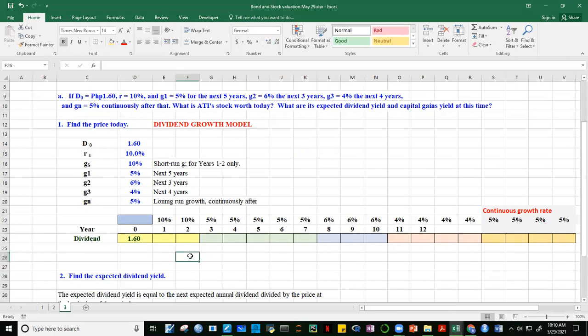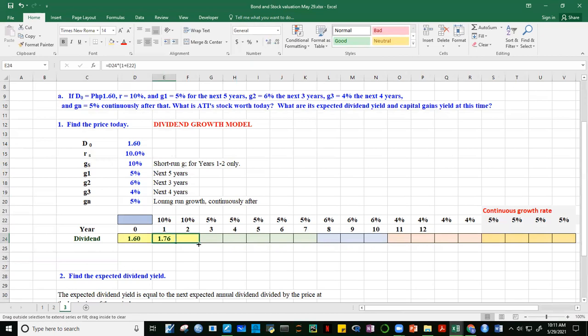Okay, so we have to plot the dividends. So what we're doing here, tingnan nyo guys, pre-nat ko yung growth rate, para ma-compute natin yung dividend in this particular years. So this is equal to the previous year multiplied by 1 plus the growth rate. Yan. So the next year 1.76 yung dividends.